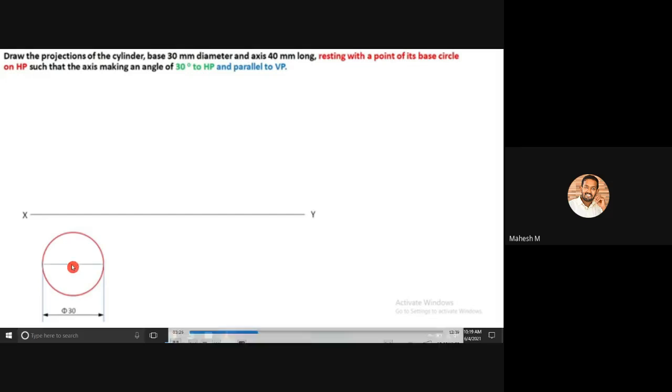So you can create your center point and you can divide your circle into 8 equal parts. Then you can project your 8 points towards the front view position. So here you should mark each and every point with 2 labels. Actually, one will be a number and another one will be a letter.